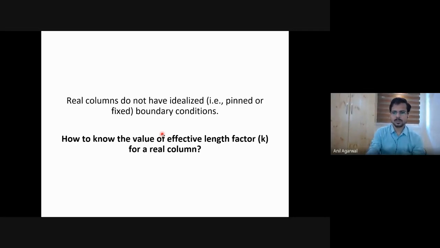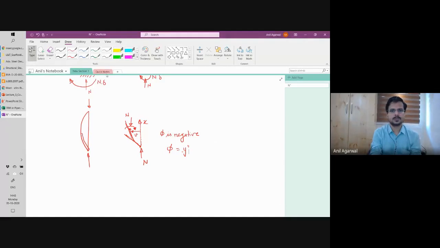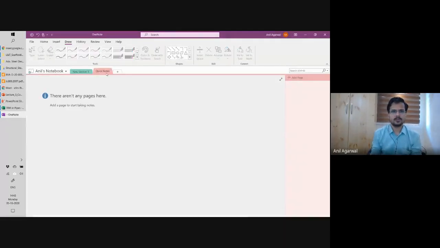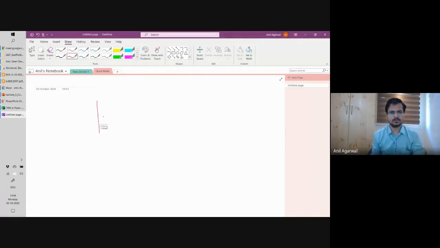So there are possibilities of perfect boundary conditions. So you would have a perfect boundary condition of, this is a perfect boundary condition.